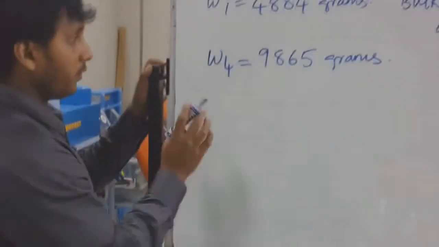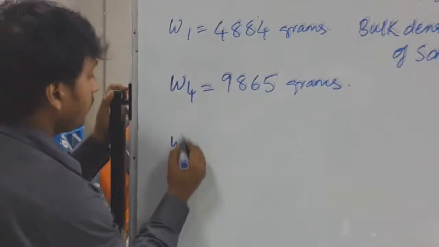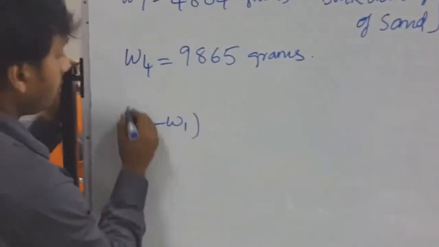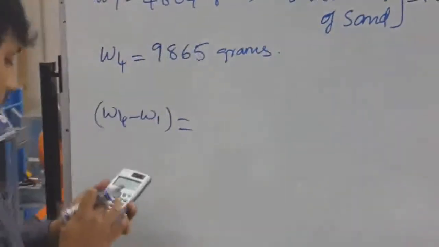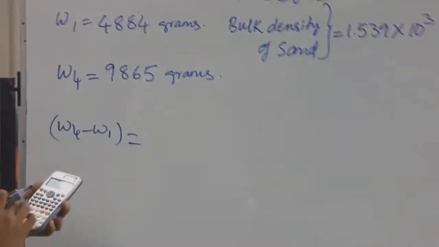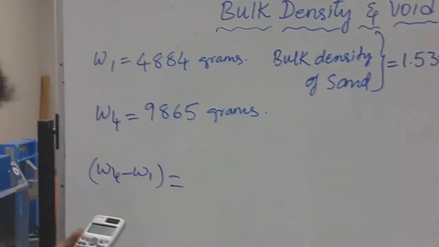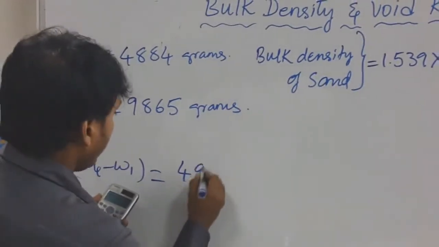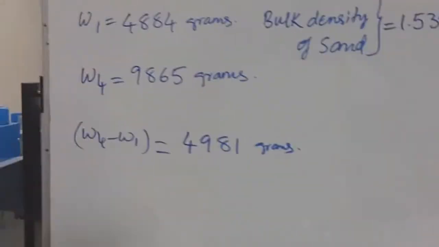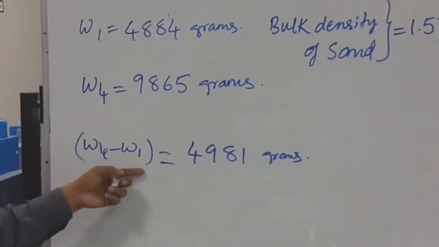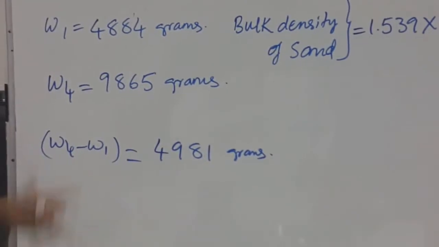To find out only the weight of this compacted sand, W4 minus W1, it comes to 9865 minus 4884. It is 4981 grams. So this W4 minus W1 is the weight of the compacted sand.